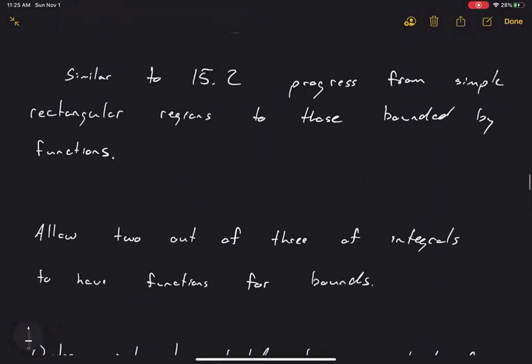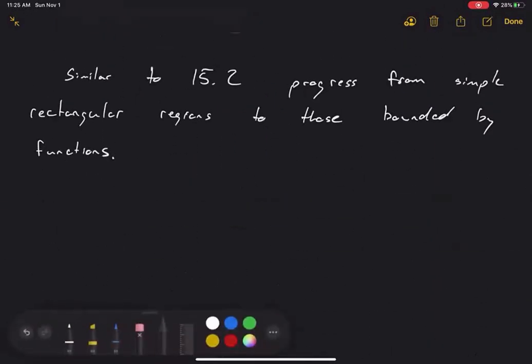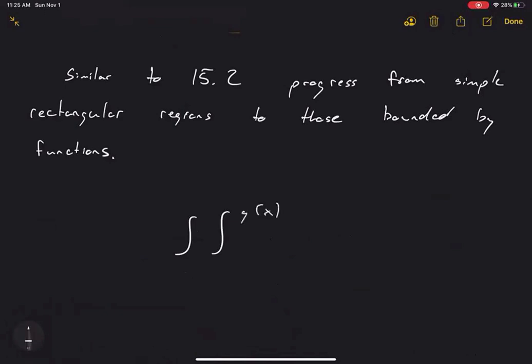In 15.2, maybe I had g2 of x, g1 of x, and then a to b. So my y bounds were functions of x, and that's fine.